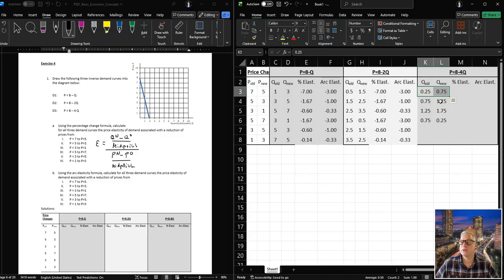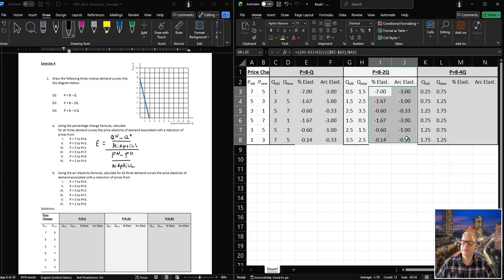And then the second one, 3 to 5, we go from 1.25 to 0.75. And the last one, we go from 1.75 to 1.25.